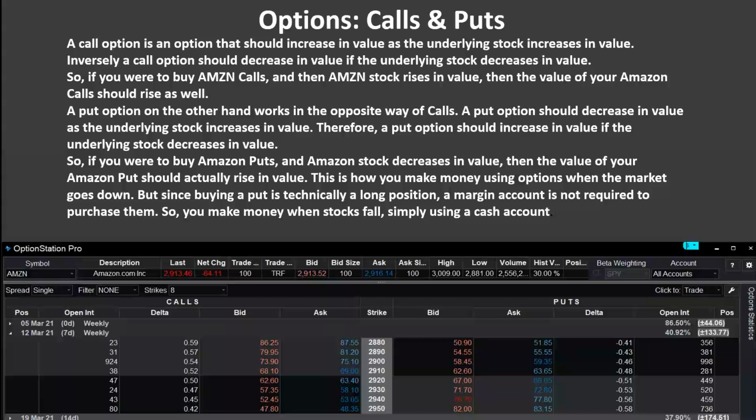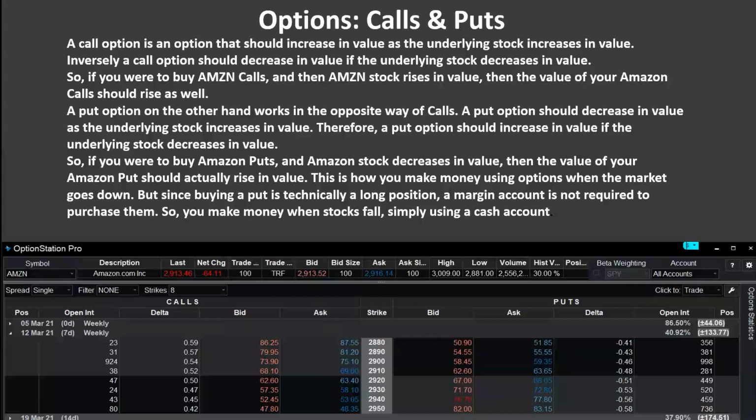So when do we buy puts? We buy puts whenever we think a stock or an ETF is going to go down in value, because as a stock goes down in value, put options go up in value. So if a call option goes up in value when a stock price goes up, a put option will go down in value when the stock price goes up.